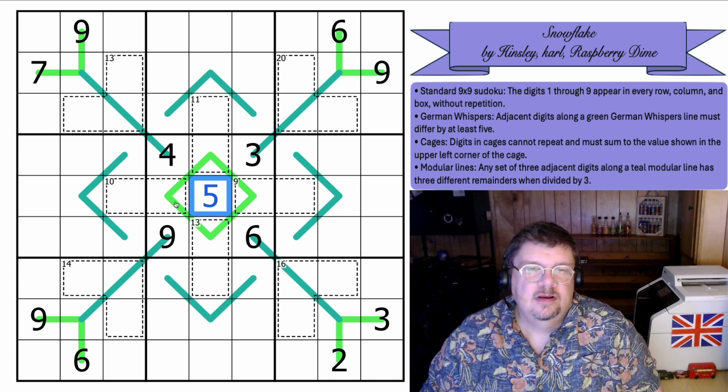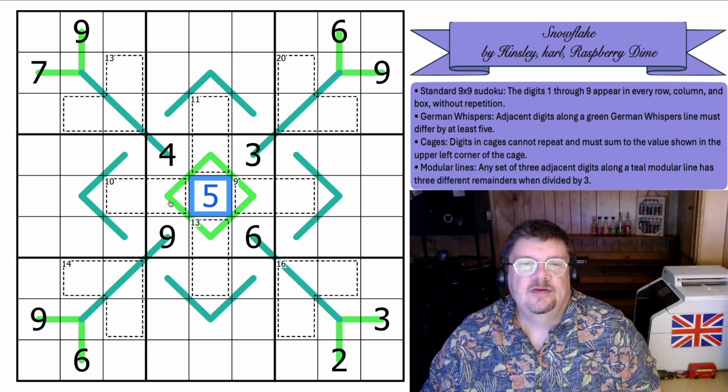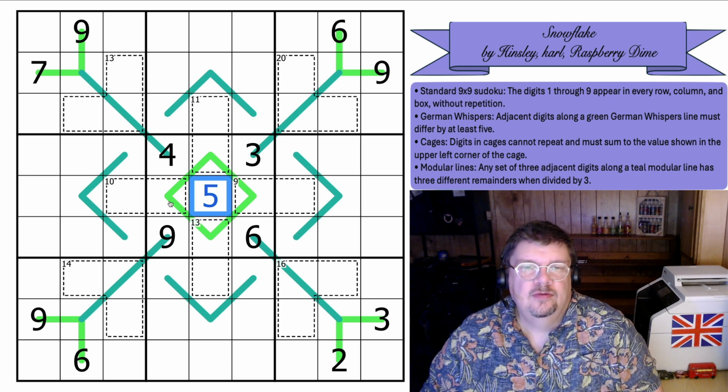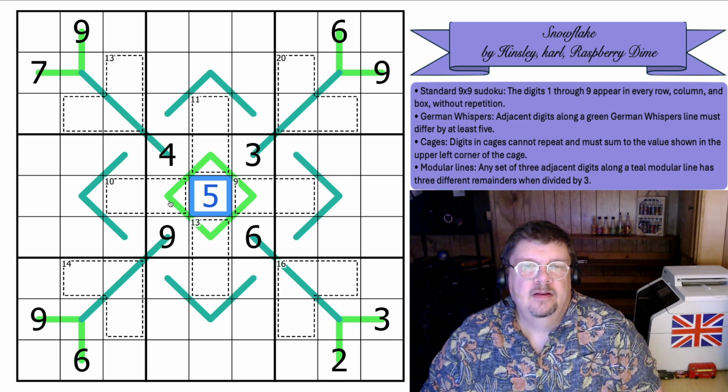Okay. The next secret is that you have to alternate between lower than 5 and higher than 5 as you go along the German whispers line. If you tried putting 2 digits that were the same side of 5, then the maximum difference between those 2 digits would be 3 if it were 1 and 4 or 9 and 6.